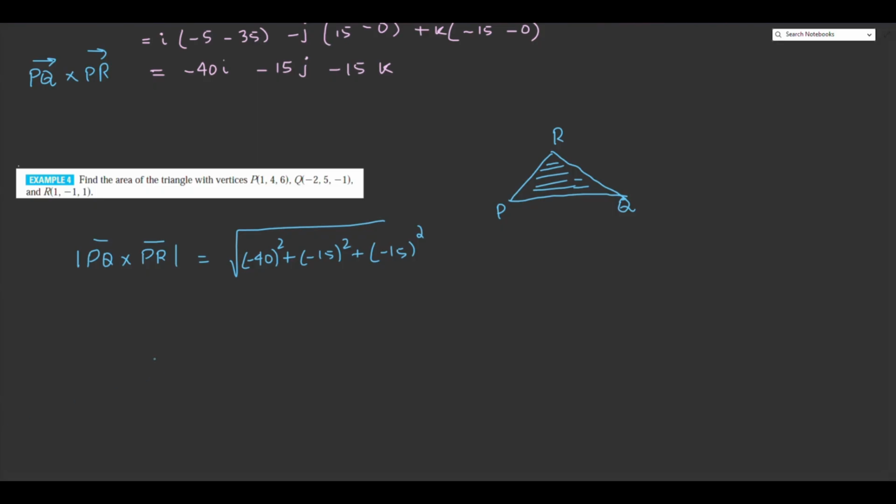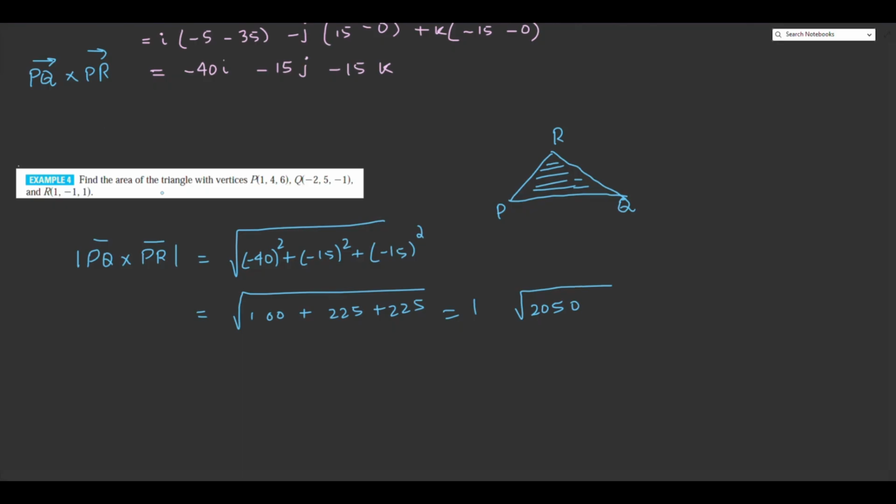When you simplify this, you will get the following. 40 squared gives you 1600, plus 225, plus 225. So this will be equal to the square root of 2050.